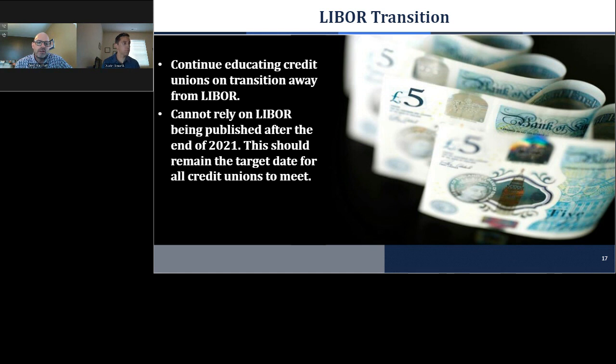And so if your credit union has LIBOR-based transactions or any LIBOR-based contracts, we're just hopeful that you are not delaying your preparations for transitioning away from that benchmark. It can be significant. It's a complex undertaking, and we understand that. It's been on our radar and conversations during exams for over a year now. And we'll just continue to educate the credit unions on that transition.